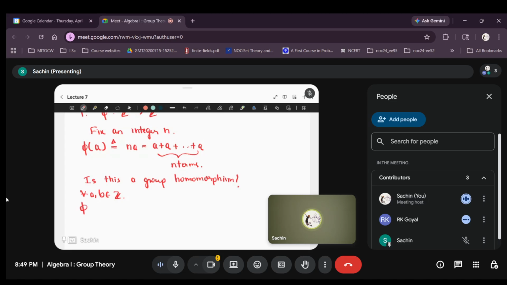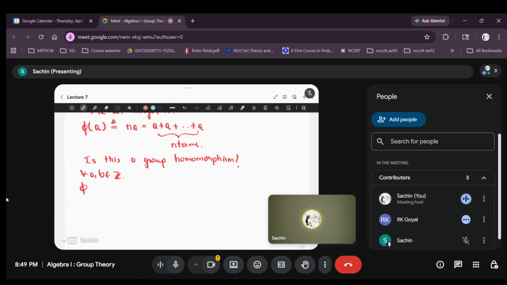So here, since the domain is Z under addition, you have to check phi of a plus b.